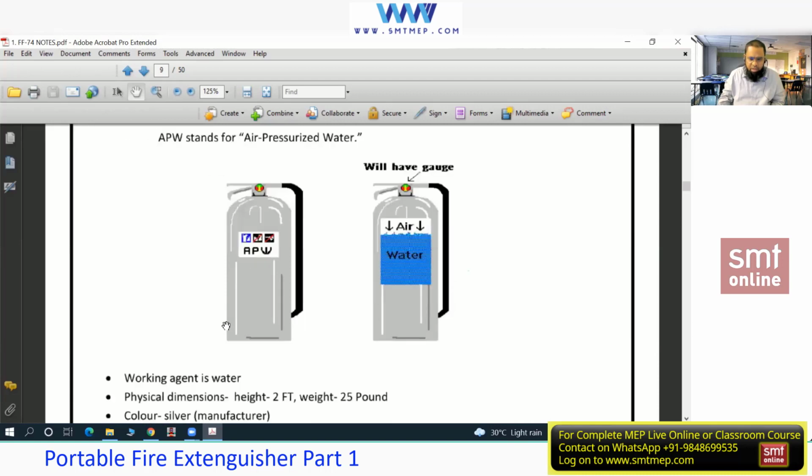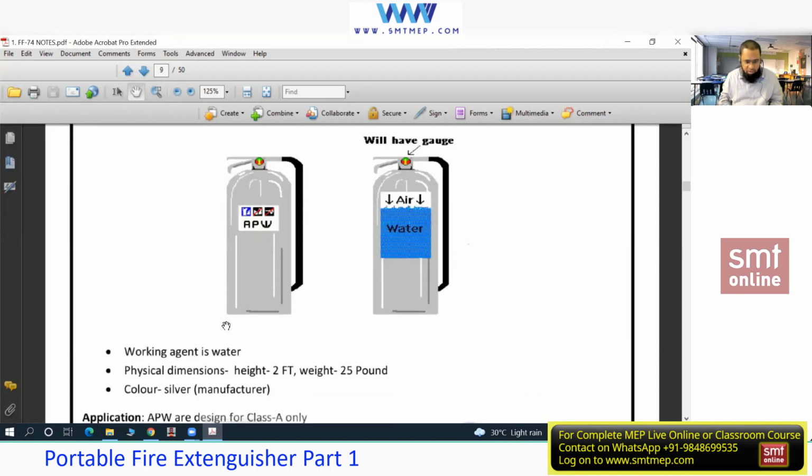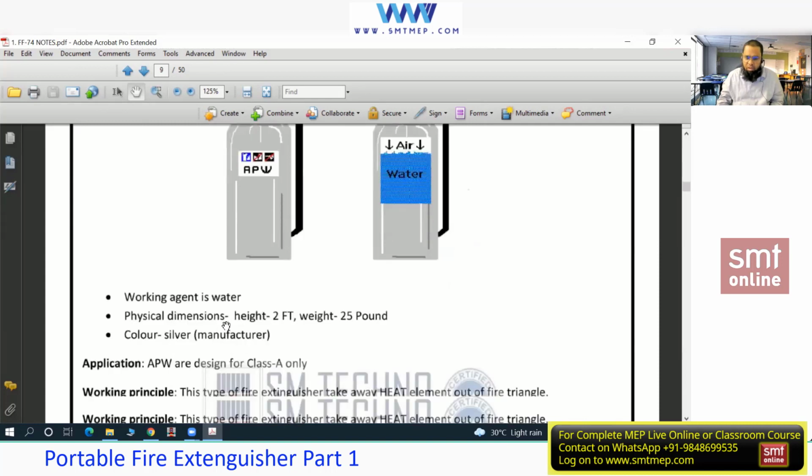In the fire triangle, if you use water, which element are we affecting? Heat. Yes, heat. So remember, the water type fire extinguisher is used to decrease the heat element of the fire triangle, and the heat element can work for which class of fire? Class A. Because for class B, if you use water, you know what will happen. That example of the cooking pan, right? It will burn more.